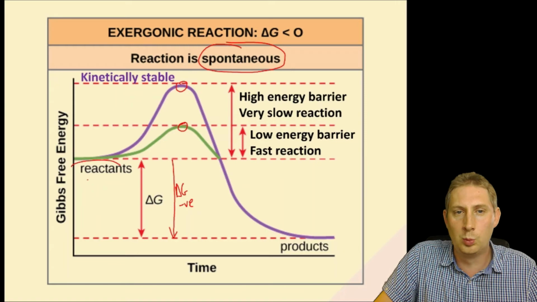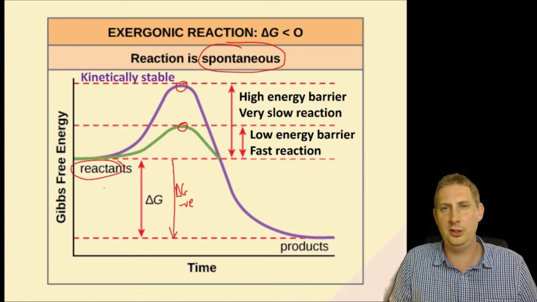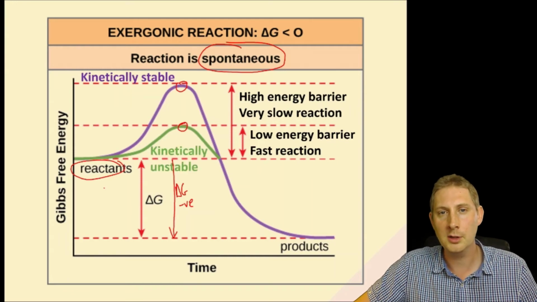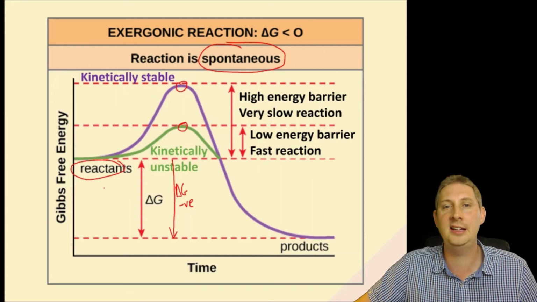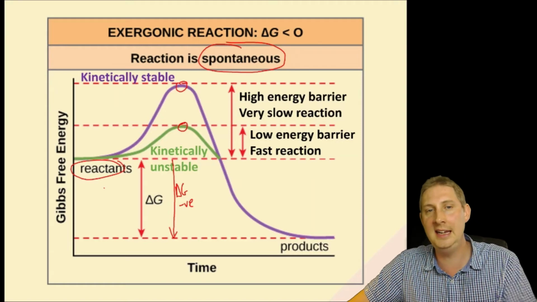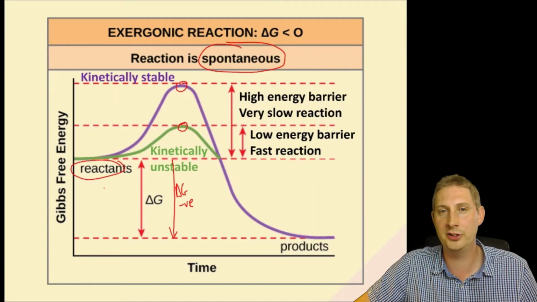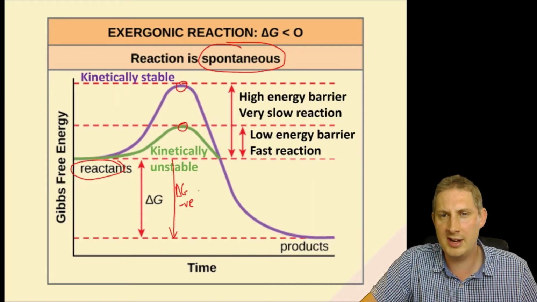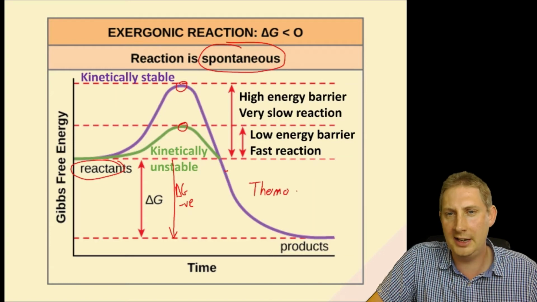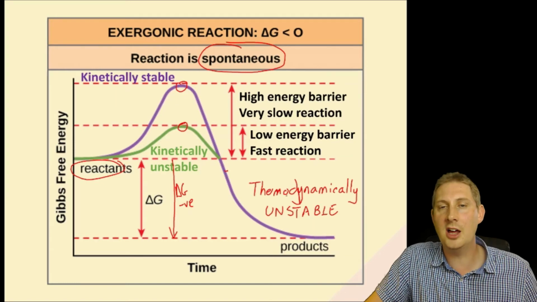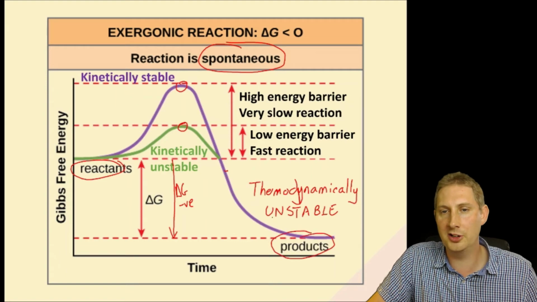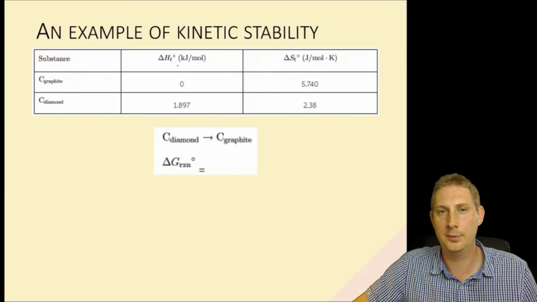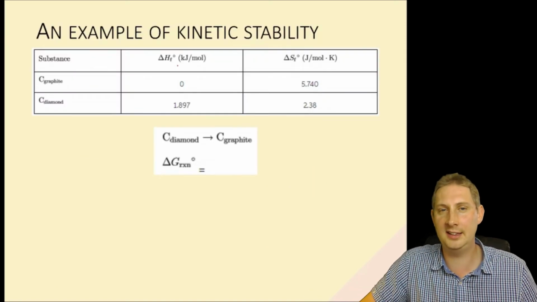Even though the reactants want to form products, they can't do so without a lot of energy being put in. The green one, however, is kinetically unstable because it is easy for those reactants to form products. So it is possible, as the purple one shows, for a reaction to be thermodynamically unstable. In other words, it wants to fall apart into products, but it can't do so because of the high energy barrier. And this is one example of kinetic stability.